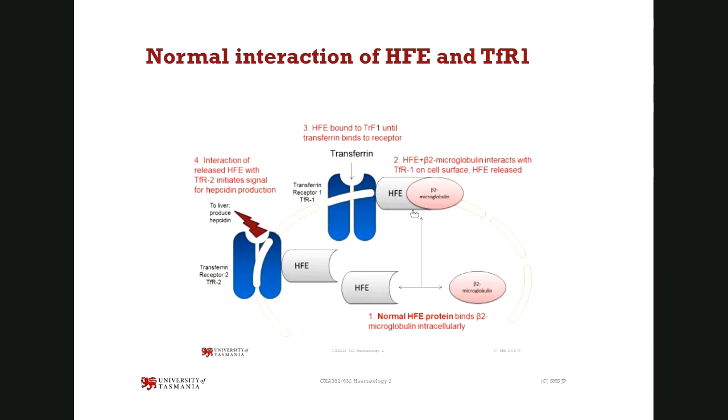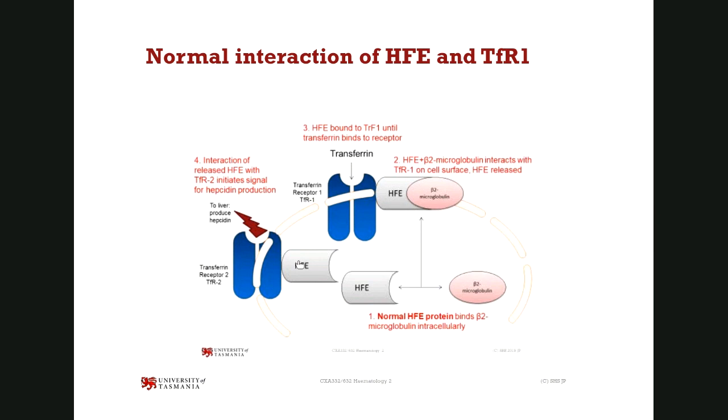And so what happens is that HFE binds to transferrin receptor 1, until a molecule of transferrin binds to it. And then once the molecule of transferrin has bound to it, the HFE part of this compound is released from transferrin receptor 1, and it goes around and then it binds to transferrin receptor 2.